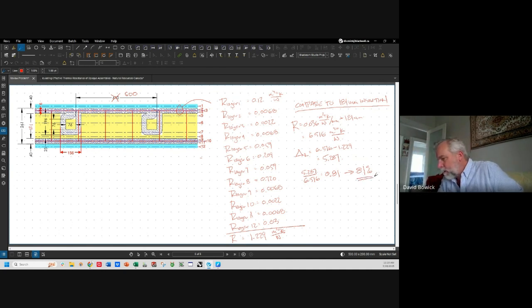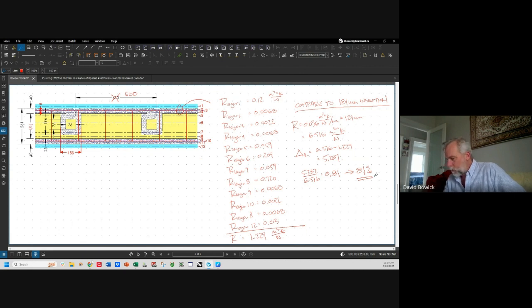The impact of these cores and the rebar as cold bridges reduces the effective insulation of our system by 81%.